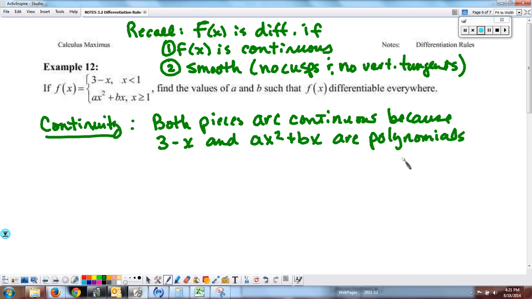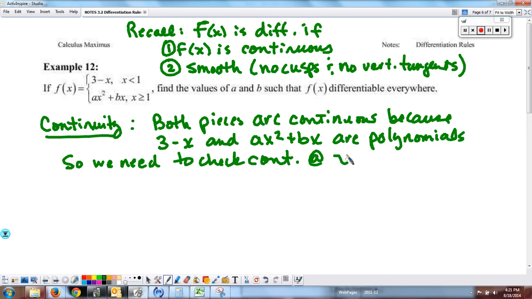So the only place where we have some concern is at the boundary curve. So we need to check continuity at x equal to 1, where it switches from one piece to the other. That's the only place where we might have some type of a jump discontinuity if they don't happen to meet.